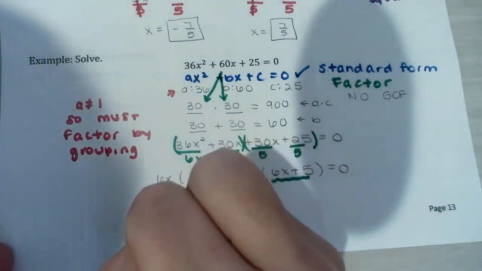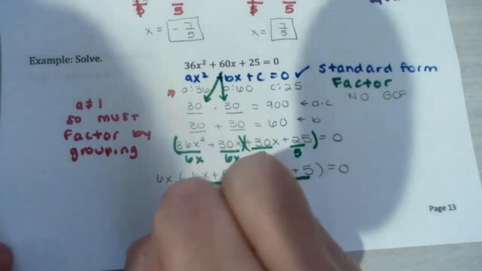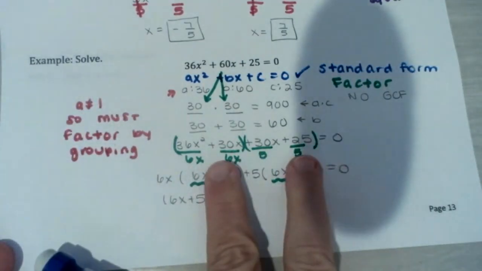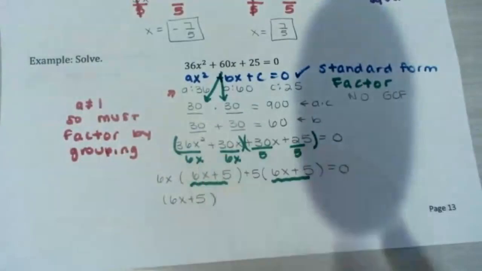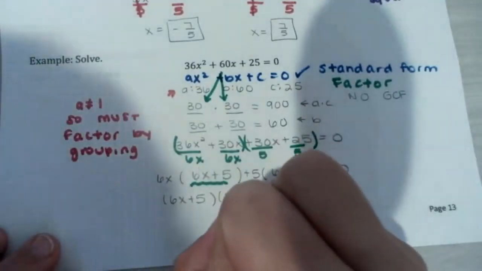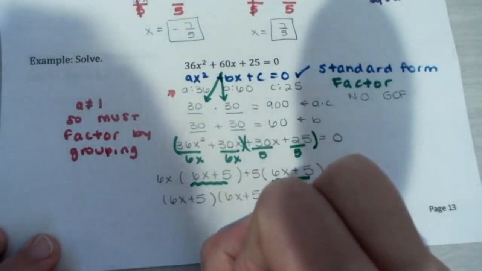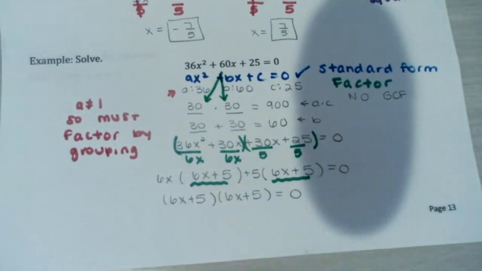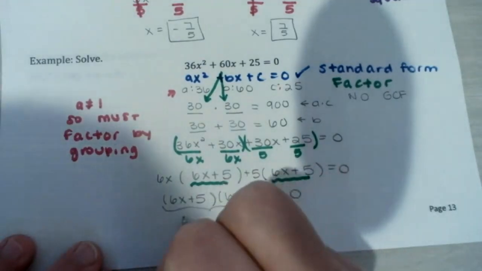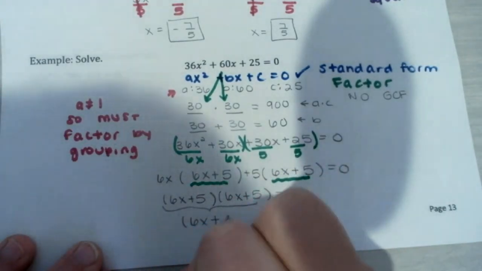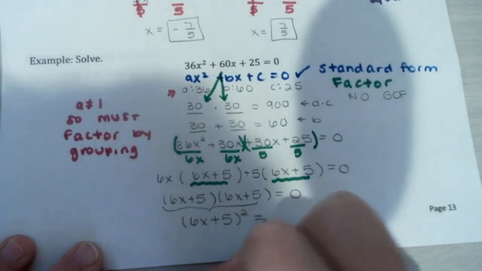So 6x plus 5 is going to be one factor. Taking out that 6x plus 5, we're left over with 6x plus 5 again. So 6x plus 5 is one factor, 6x plus 5 is another factor equal to 0. Just like we did in the special cases section, 6x plus 5 times 6x plus 5 can be rewritten as 6x plus 5 squared equals 0.